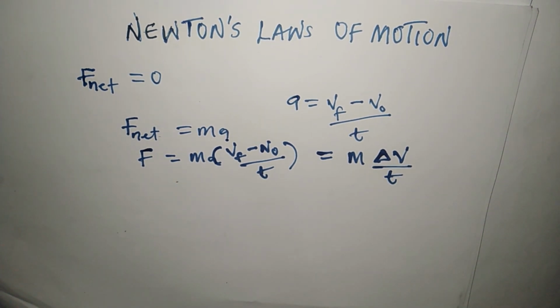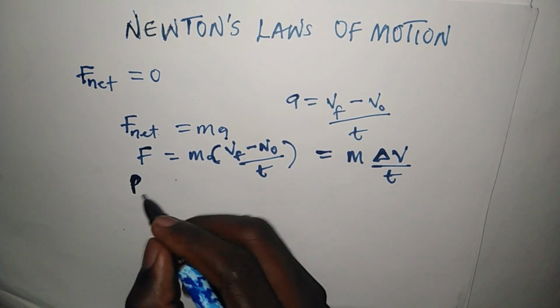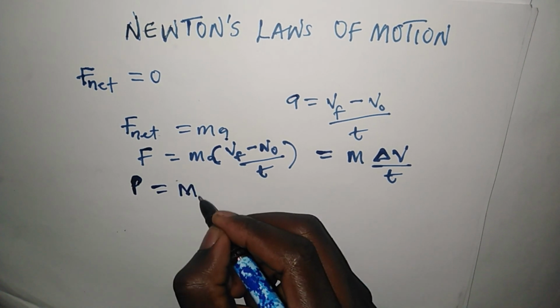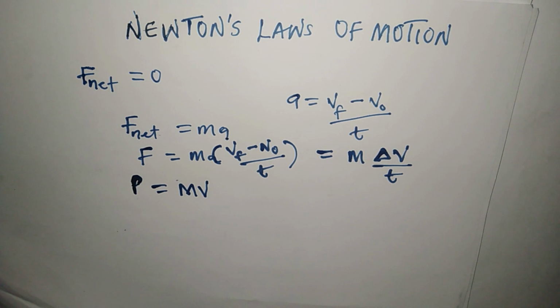We know that momentum, which is written with a small letter p, is equal to mass times velocity. So momentum is usually measured when the object is in motion. If something is not in motion, if your velocity is 0, if the object is at rest, it doesn't have momentum, right?